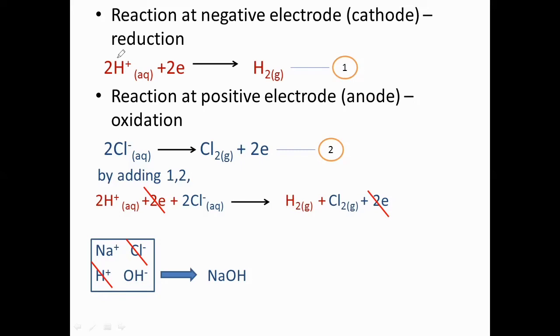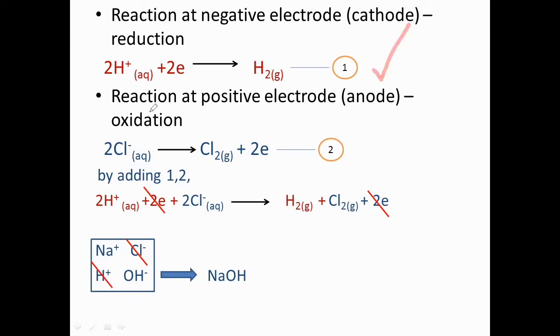The hydrogen ion is situated below the sodium ion in the activity series, so the hydrogen ions get reduced first. You can see these hydrogen ions receive electrons and become hydrogen gas. This is the first half ionic reaction.